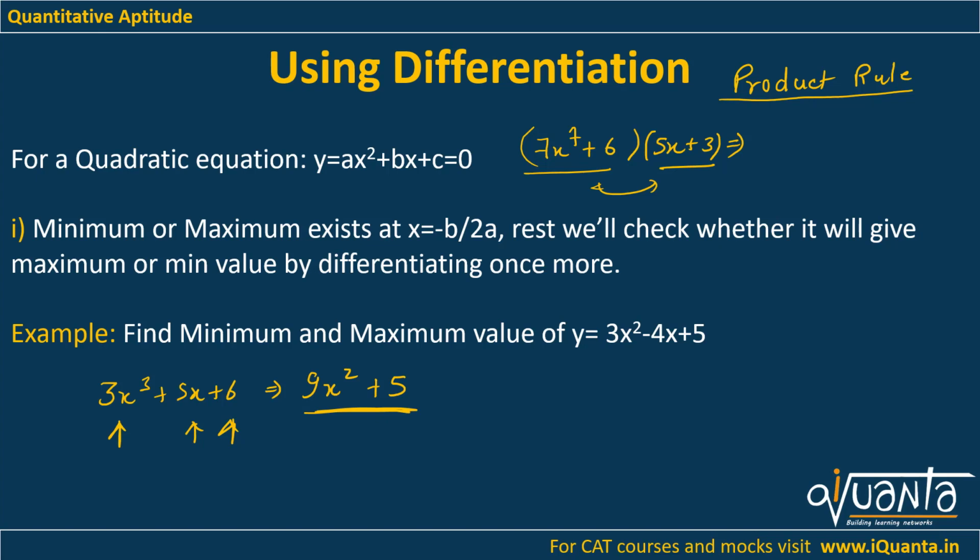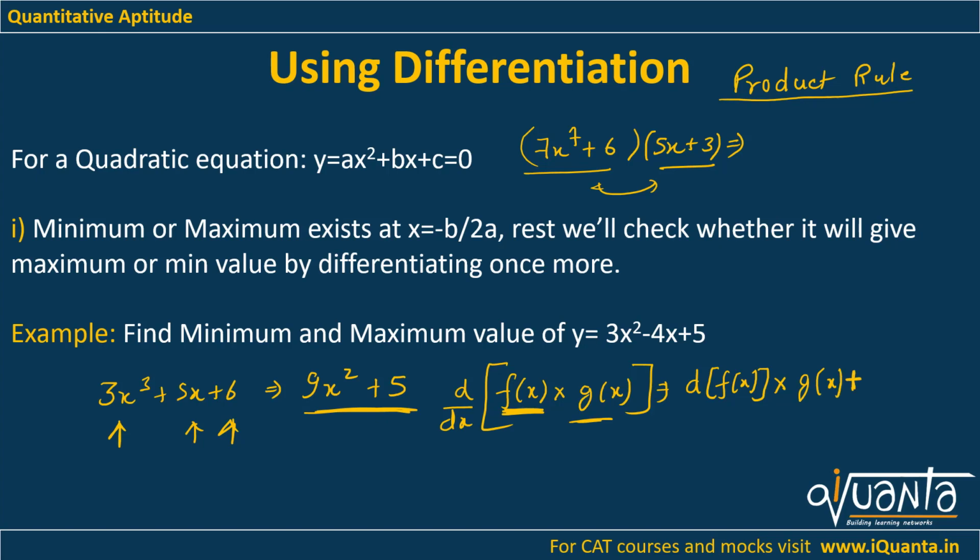How? In the product rule, if we are given two expressions, say fx and gx, which are being multiplied, if I ask you to differentiate them with respect to x, then what do you get? First of all, you differentiate the fx, that means the first term. You will differentiate the first term, fx, and you will not disturb the second term, you will write it as it is, so gx.